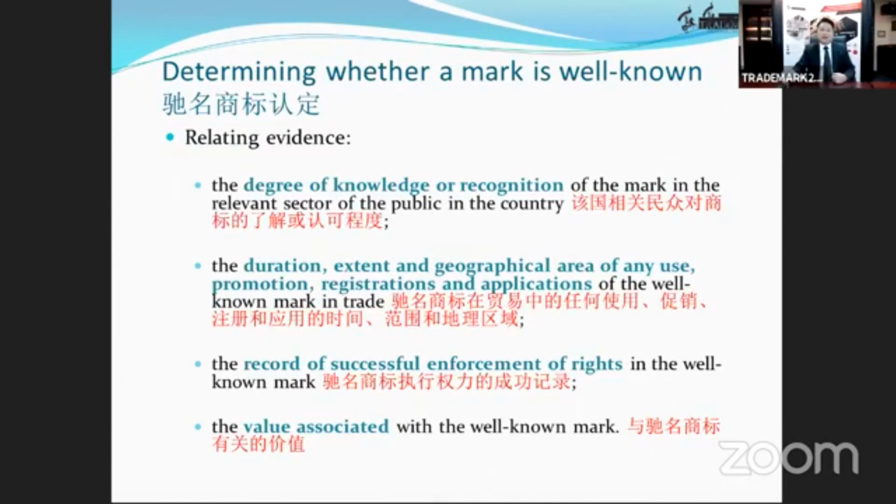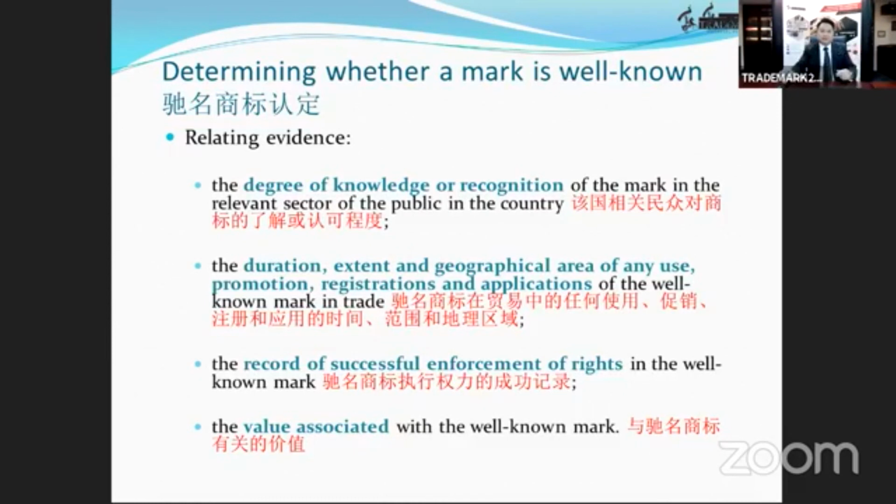Very unfortunate for the foreigners, but very fortunate for you. I'm not trying to teach you how to go about this, but I just tell you that in order to qualify as a well-known trademark in Malaysia, you must possess a degree of recognition from the public in Malaysia, meaning the people here must know your brand.